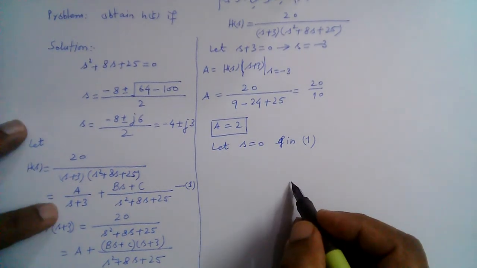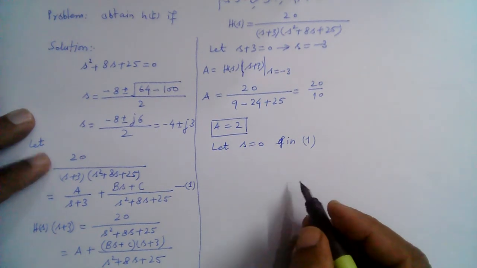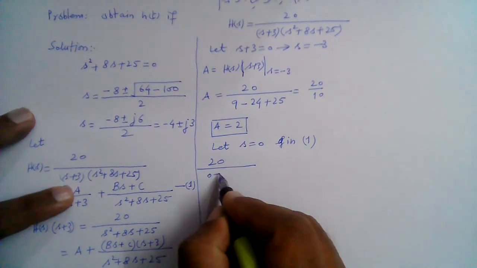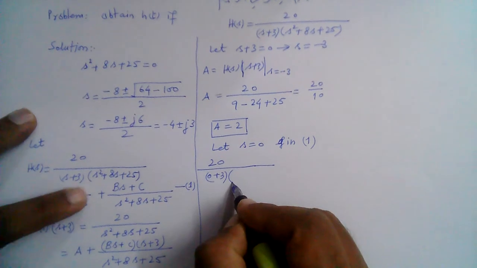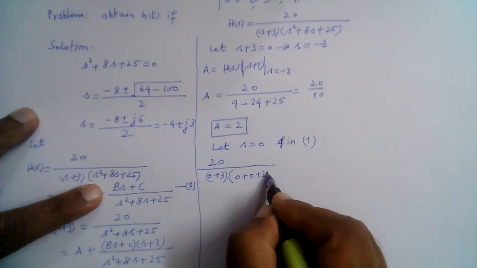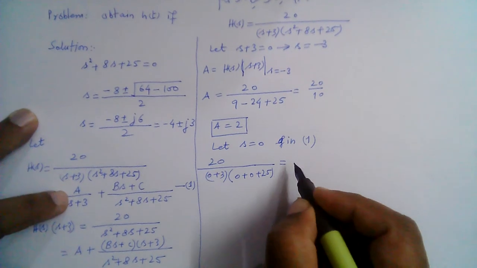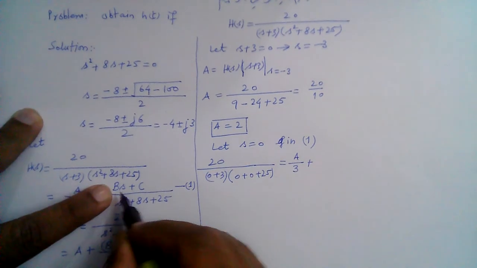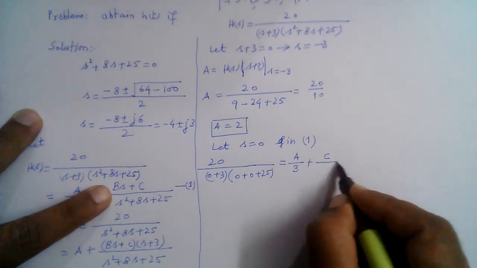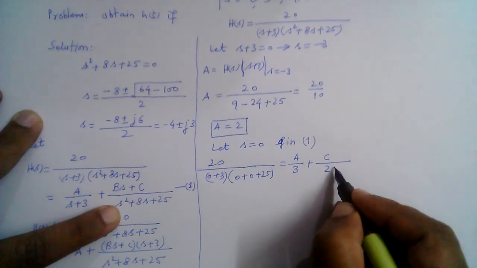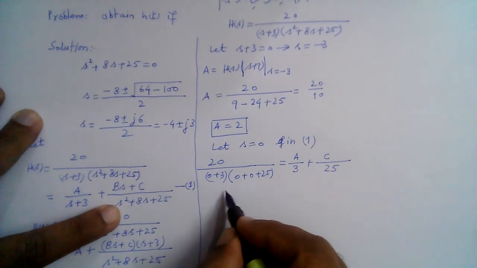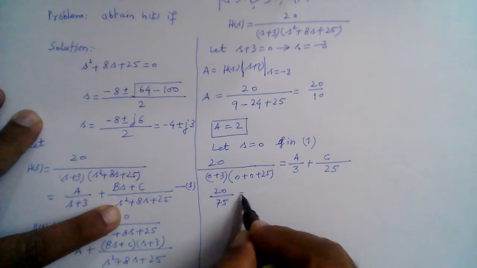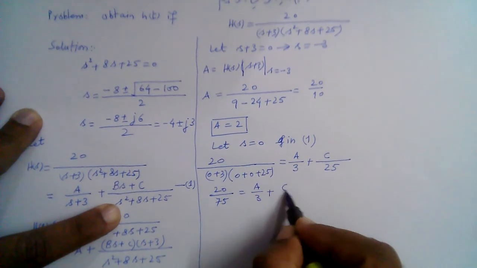If we put s equal to 0 here, we'll get 20 over (0 plus 3) into (0 plus 0 plus 25), and that will be equal to A over 3 plus Bs. This reduces to 0 and we're left only with C over 25. So this is 20 over 75 is equal to A over 3 plus C over 25.